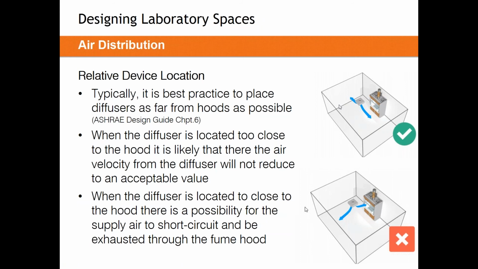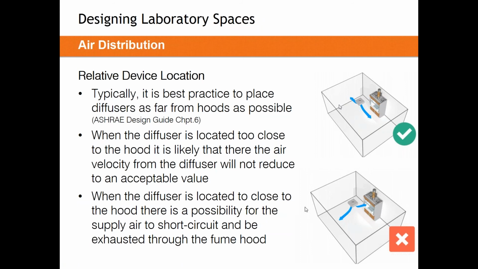When you look at that bottom image there where we put the big red X, this is an important note. Don't take 2-way diffusers or slot diffusers and aim them directly down at fume hoods. Now, sitting here watching a webinar before you go design a lab, it's kind of a simple and moot point to make. Obviously, we wouldn't do that. However, it does happen. Sometimes facilities are built this way.